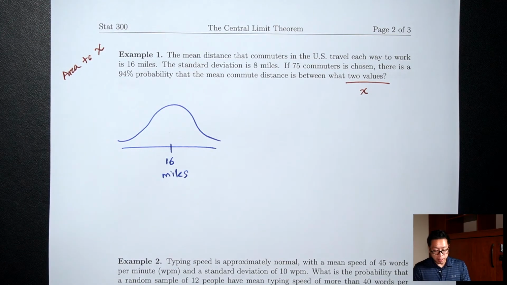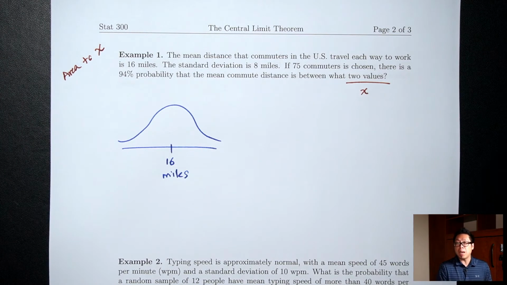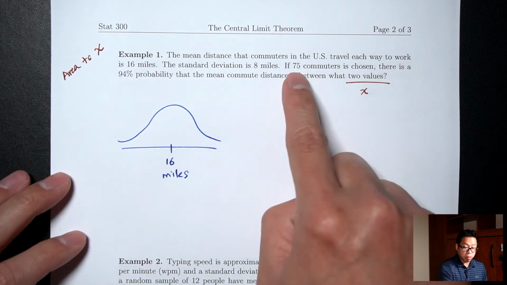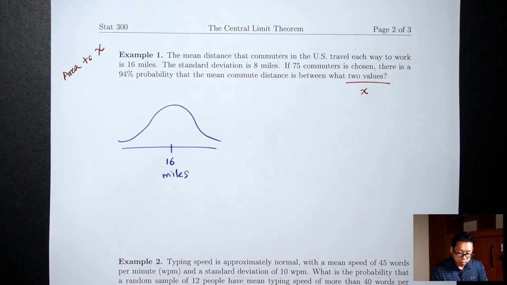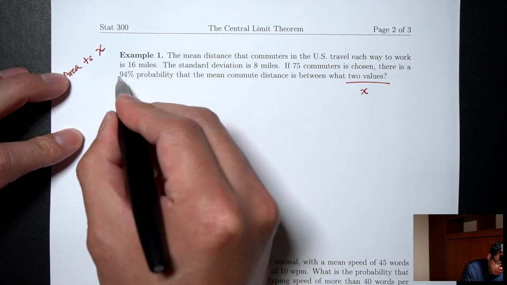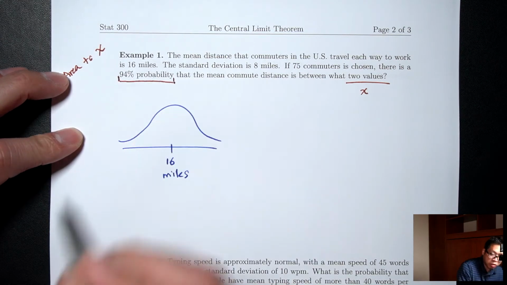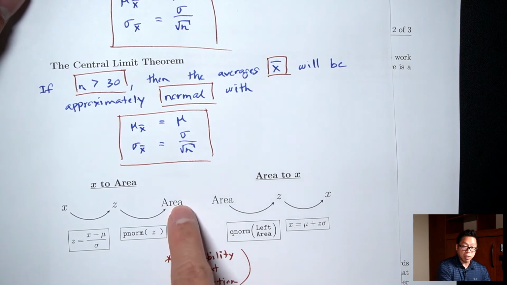Another way to think about it is looking at this last sentence, what is it that I'm giving you in that last sentence? If 75 commuters is chosen, so 75 refers to how many people I'm choosing, that's going to be the sample size. There is a 94% probability, okay? Probability is one of those P words that I said you should pay attention to. Probability refers to area.